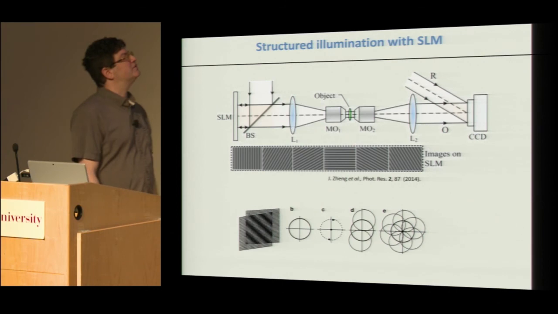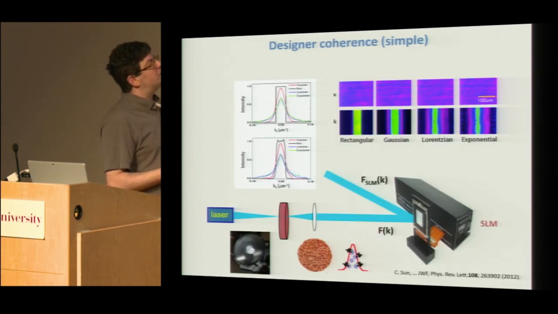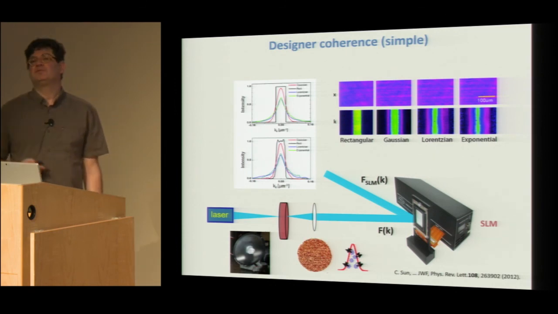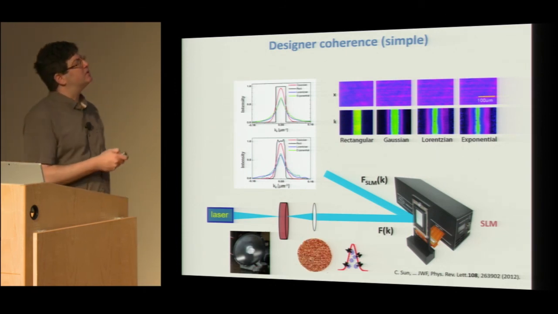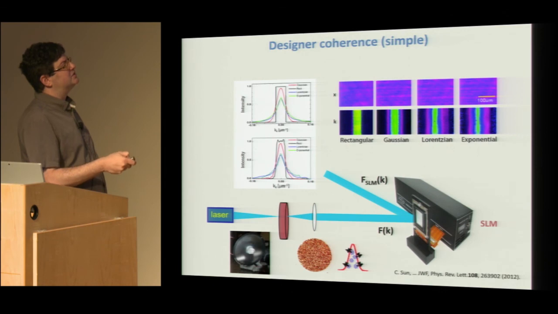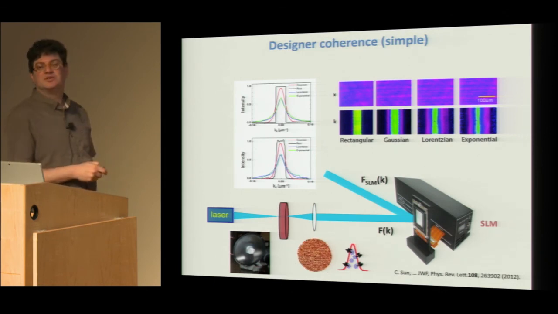And this is where I want to shift gears a little bit and repurpose the spatial light modulator, not for structuring the illumination, but for structuring the coherence. Perhaps the simplest example is I take my laser light, send it through this piece of ground glass again, so it scatters, and it's going to give me essentially a Gaussian distribution.